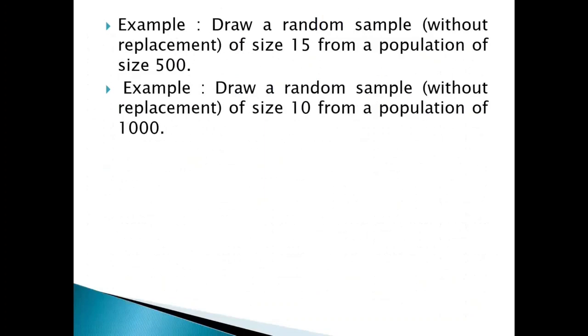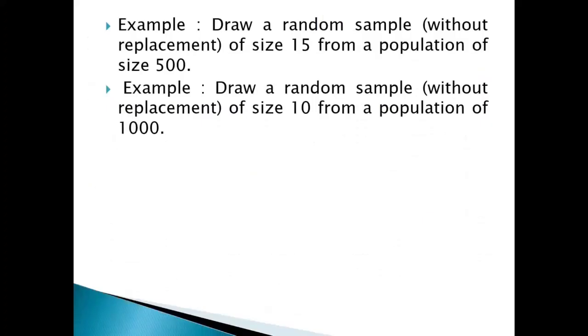If we take these two examples: drawing a random sample without replacement of size 15 from a population of size 500, and drawing a random sample of size 10 from a population of 1000. These are two practice problems we can consider while drawing a sample from the population with the help of this random number table.